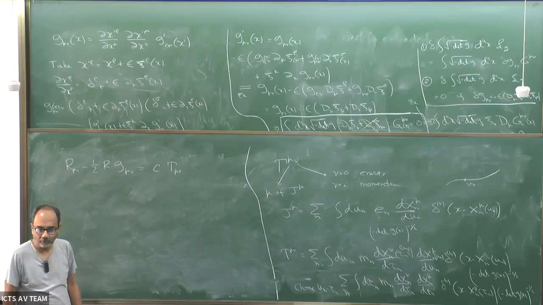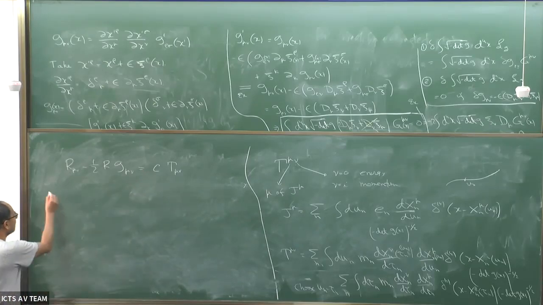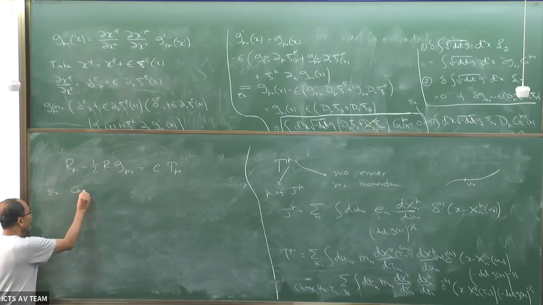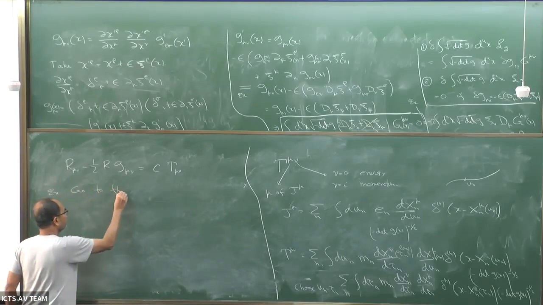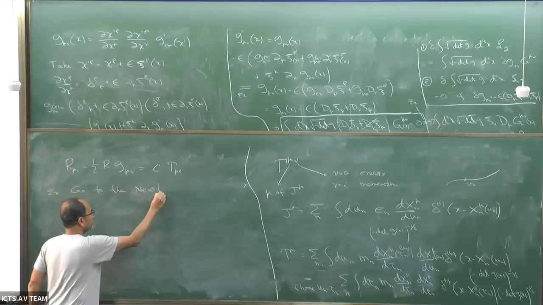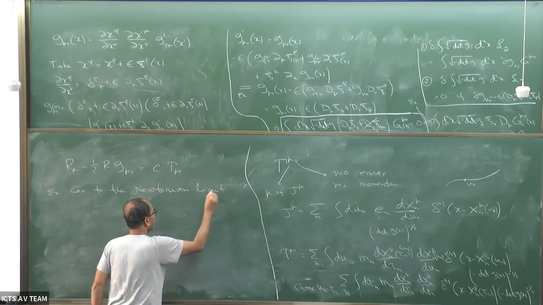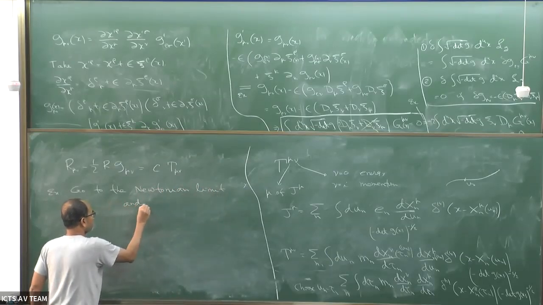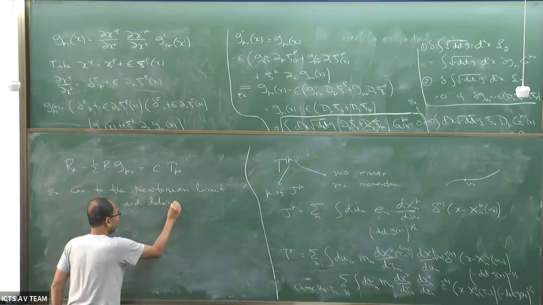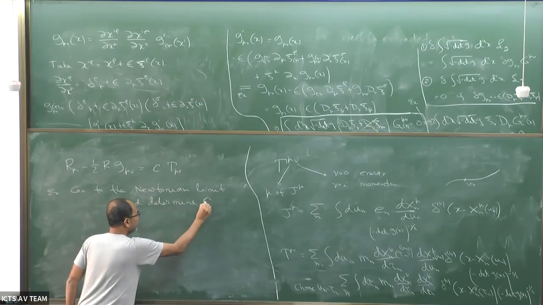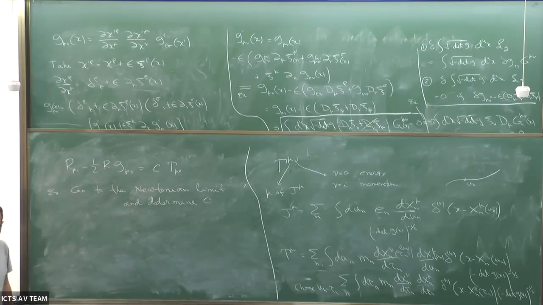You have to go to the Newtonian limit, so I'll leave it as an exercise: go to the Newtonian limit and determine C. C should be proportional to Newton's constant, because in the Newtonian limit the Laplacian, del squared V, is proportional to G times something.